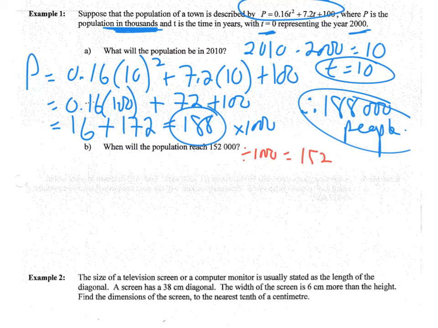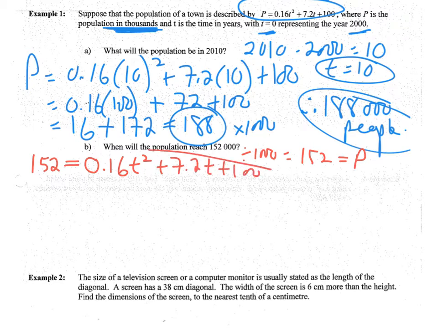And we set P to equal 152. So the left side is 152, and that will equal the right side, which is 0.16 t squared plus 7.2 t plus 100. So there's the start of the process here.